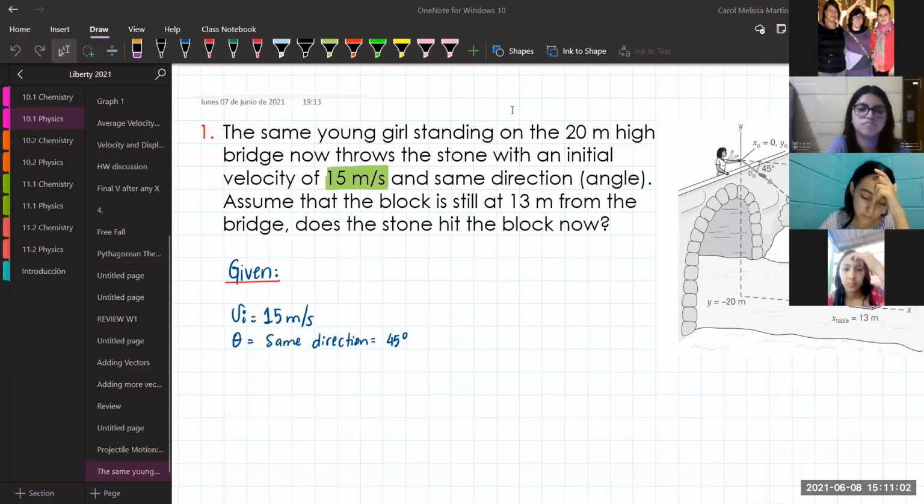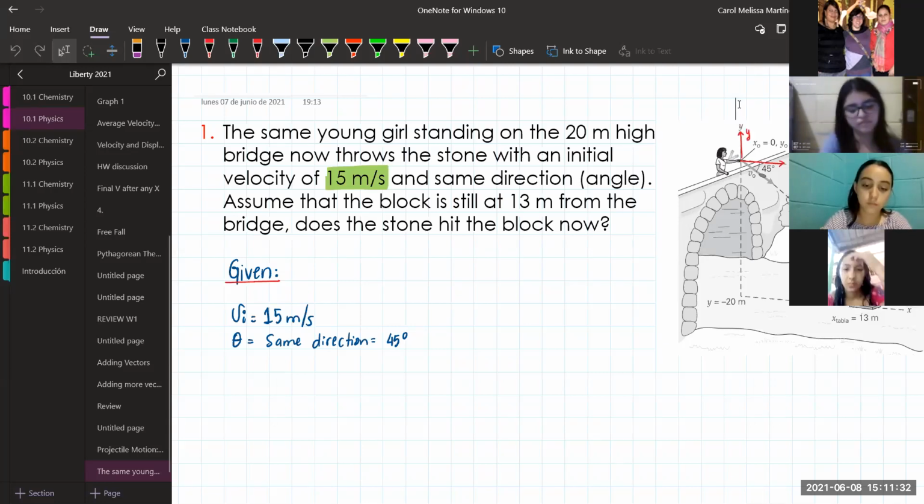Now, about the vertical position, we have that she is exactly on the bridge. If you take a look at the Cartesian plane, this is your x-axis, and this is your y-axis.